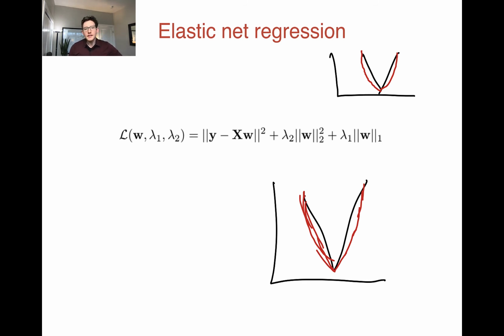Let's imagine the case where we have two features that are very strongly correlated with one another. That is, they're high in the same set of examples and low in the same set of examples. What's going to happen if we apply just L1 regularization to that problem?